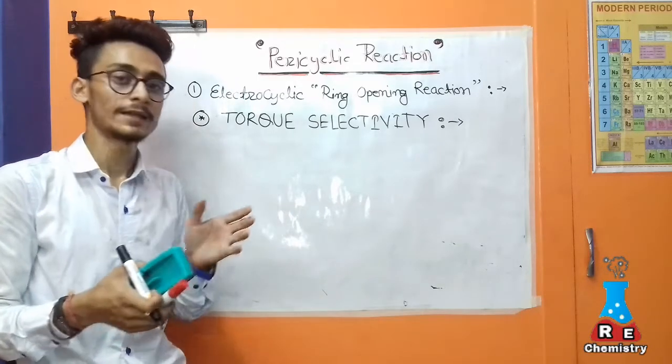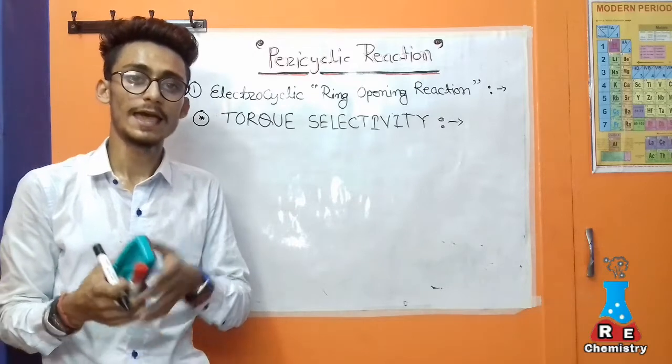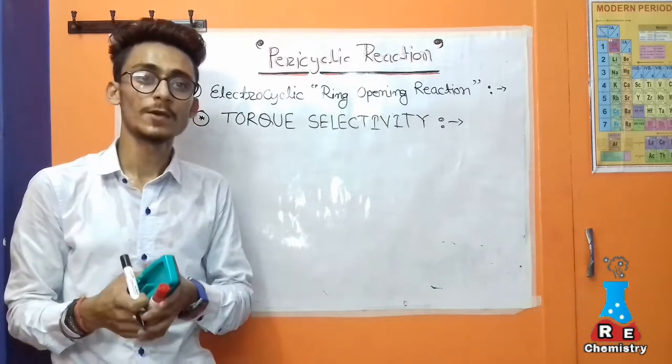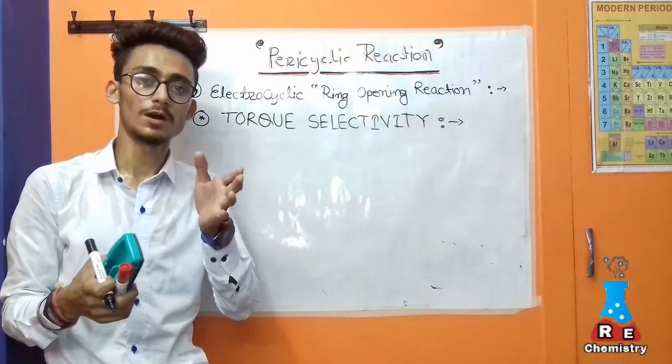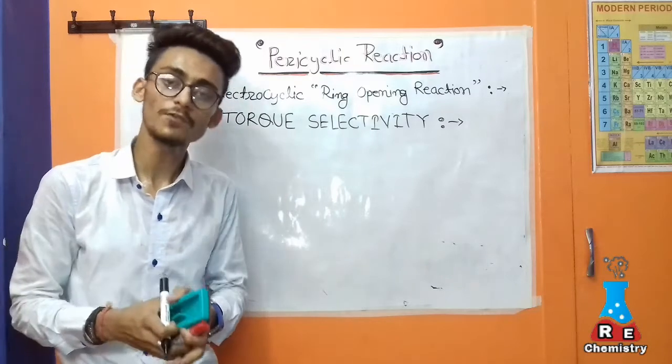Each of conrotation and disrotation has two modes of rotation, which are the inward mode of rotation and the outward mode of rotation.